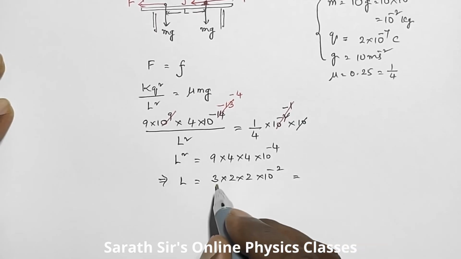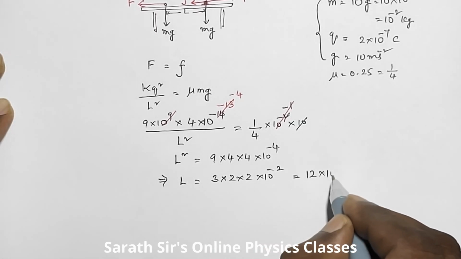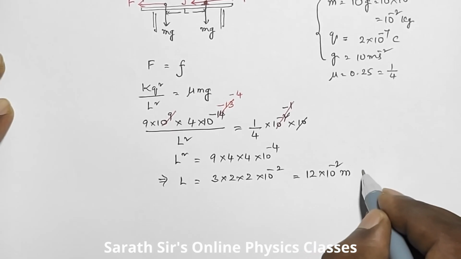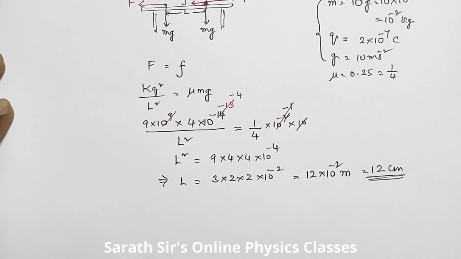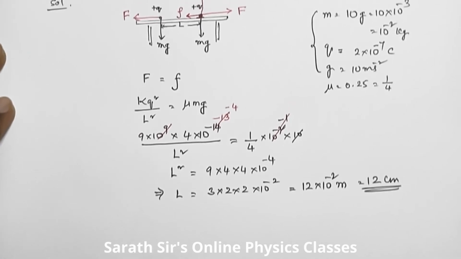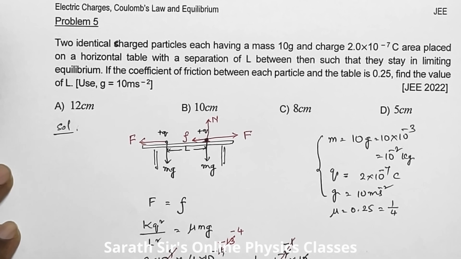That is equal to 3 2s are 6, 6 2s are 12 into 10 power minus 2 meter. That is 12 centimeter. So that is the answer. Let us see which option is the correct one. So first option is the correct option.